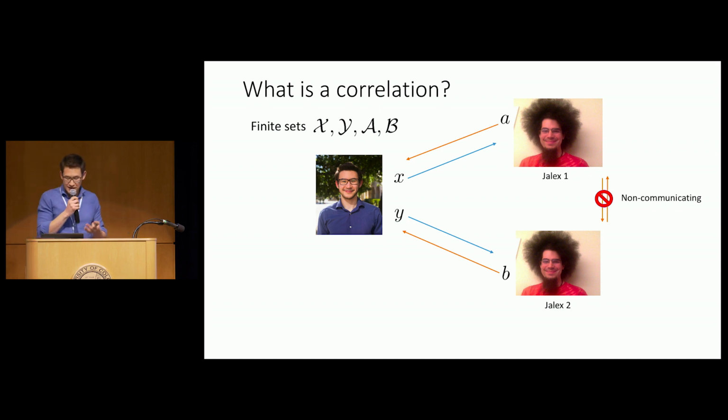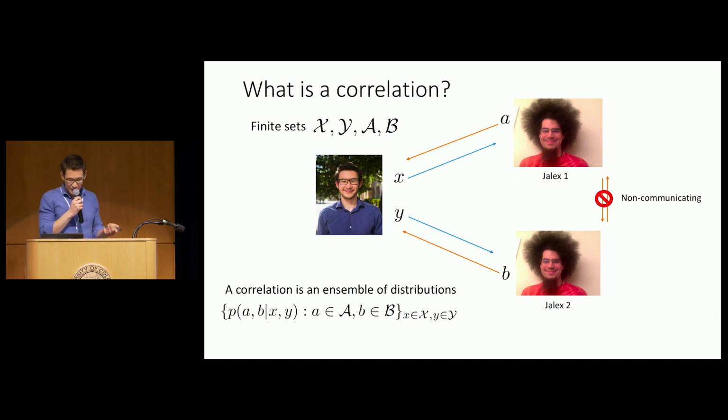And you can think that fixing a strategy of the two provers determines a probability distribution of answers given questions, okay? And we refer to this as a correlation. So more precisely, we say that a correlation is just an ensemble of distributions. There is one distribution for each possible question XY. So these are distributions over answers A and B, okay?